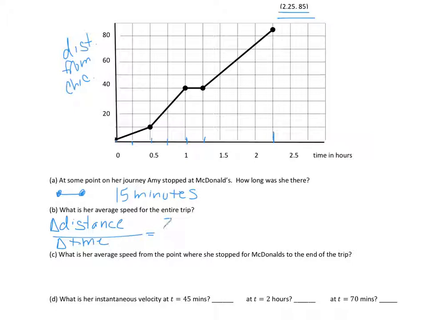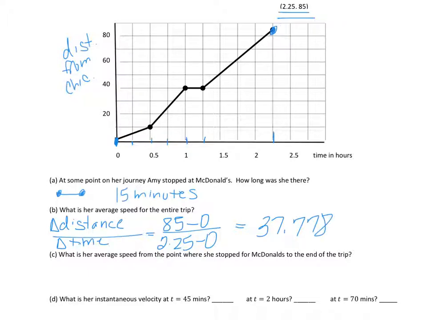Now, as silly as this sounds, I want to show it like this. So I'm taking basically this point at (0, 0), this point at (2.25, 85), and I'm finding the slope between those. Now, obviously, I know that the minus 0 is silly, but I'm really using that for the next one for you to see that you're doing the same thing. And if you type that in the calculator, 85, her total miles, divided by 2.25, you would get 37.778.